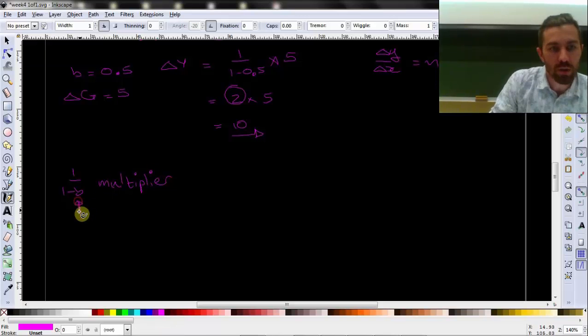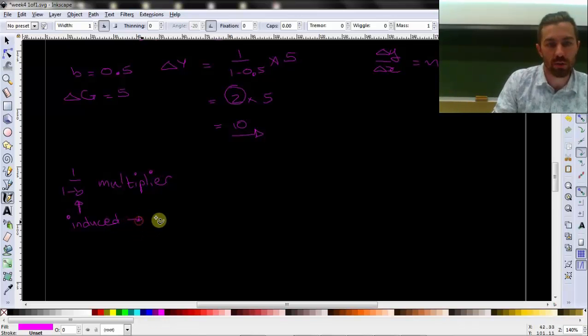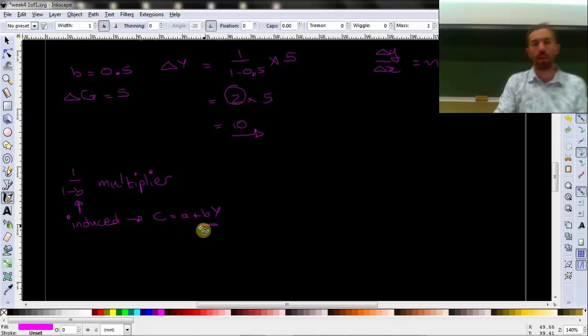Now b was the parameter of the induced component of our consumption function. In other words, c equals a plus by. So the b came from the induced portion of our consumption.